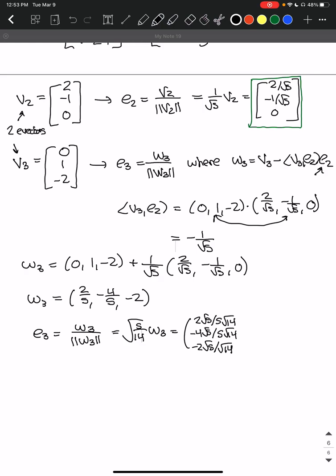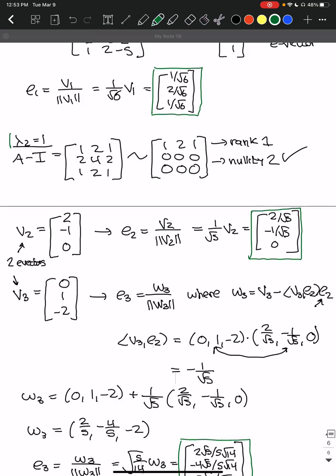And we'll make that more clear that that's a vector by doing this. Okay, and that's our third orthonormal basis vector.